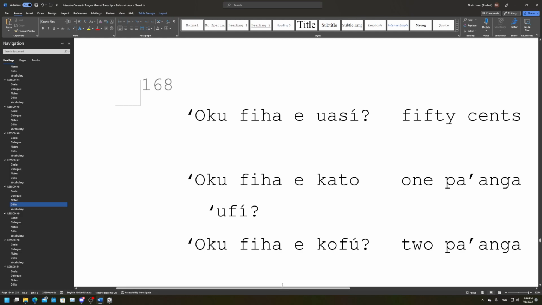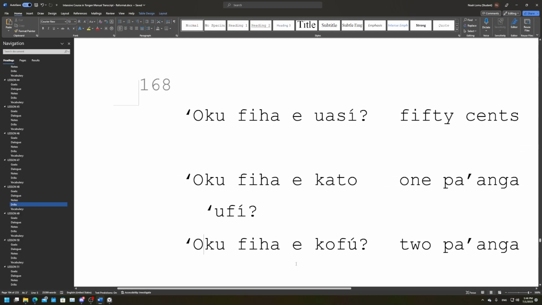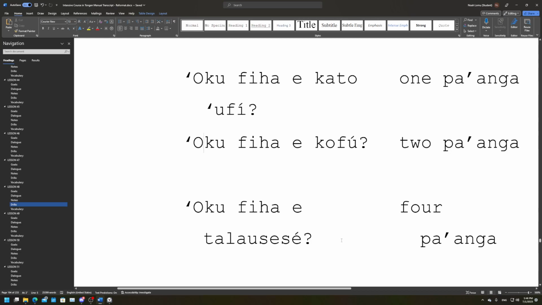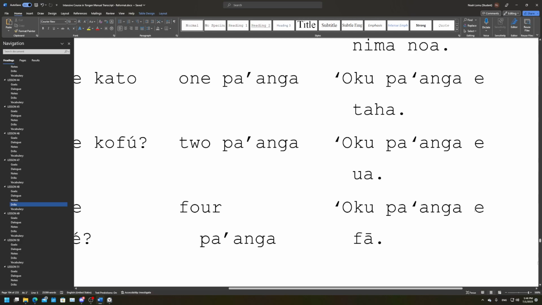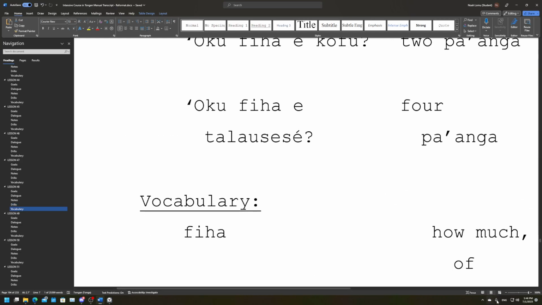No, that was Indonesian. Yoshikula, okufiha tarau sese. Yeah. So pangaefa. It's important to remember that in Tongan we put an extra e before numbers. Okay.